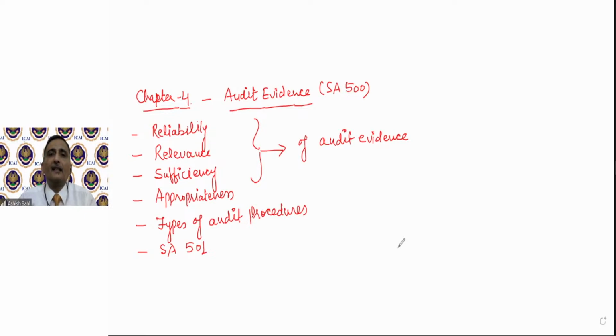What are the different kinds of procedures by which an auditor obtains audit evidence? And we shall also be doing SA 501, a new standard relating to obtaining of audit evidence in relation to certain selected items.